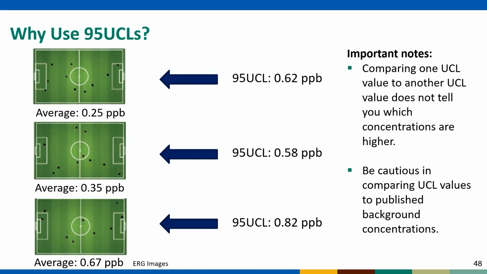If we calculate UCLs, we would get 0.62, 0.58, and 0.82 parts per billion from the samples we collected in these fields. It would not be appropriate to claim that the first soccer field has a higher concentration than the second soccer field based on the UCLs being higher.